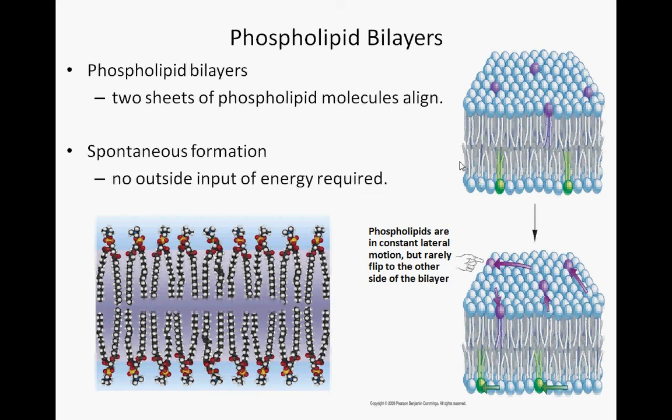As we said a second ago, there are hydrophilic conditions up here, hydrophilic conditions down here, so outside the cell, inside the cell, and a whole bunch of hydrophobicity in between.